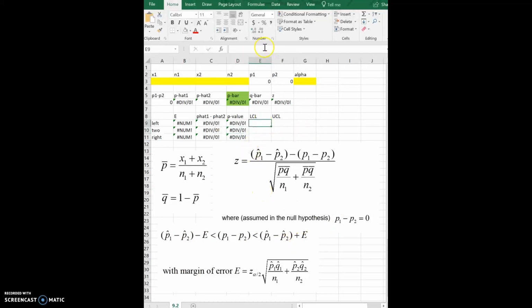Alright, so now I can do my lower and upper confidence levels. So my lower confidence level is going to be equal to my p hat 1 minus p hat 2 minus e. And it's going to be the same way for each of them, so I'm just going to click and drag. And then this one, it's there, this one there. That's why I didn't use the $ signs. And then this one is going to be equal to this plus e.